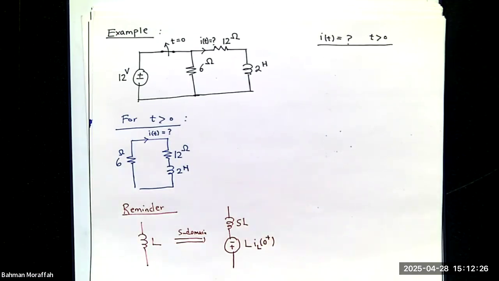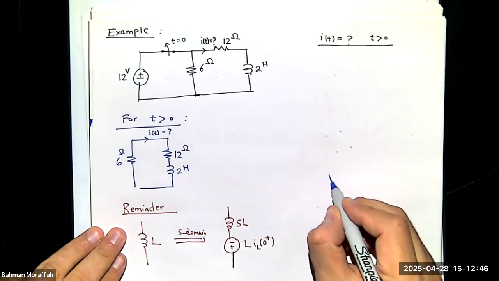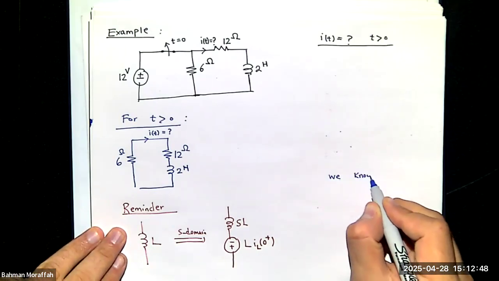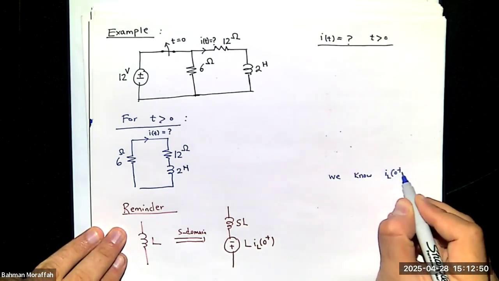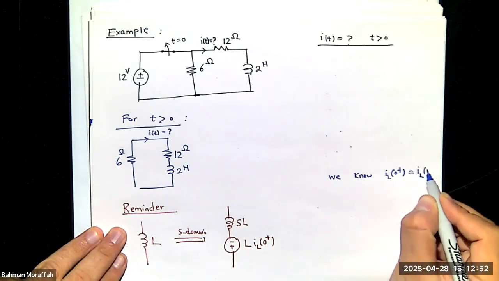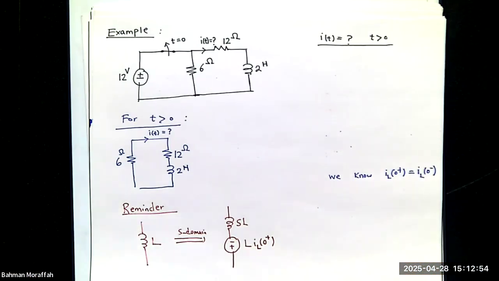That is basically our equation. But what is this iL at time 0 plus? We know iL is continuous. Therefore, iL at time 0 plus is exactly the same as iL at time 0 negative.